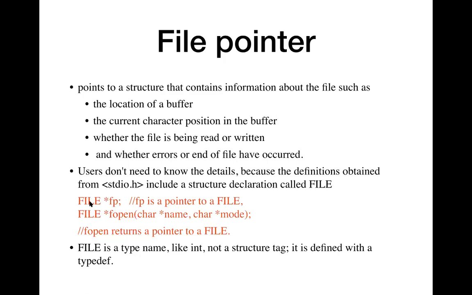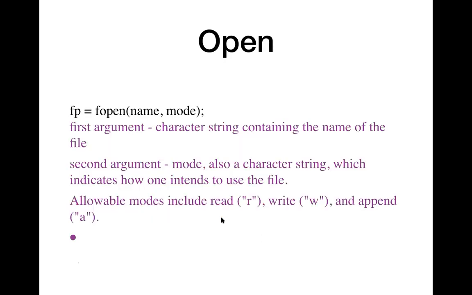So what we are going to do: first step, create a file pointer. Second, open the file using fopen and pass two arguments to fopen. One is the file name, the other is the mode in which you want to open the file. So how does this fopen work? The first argument is a character string containing the name of the file.